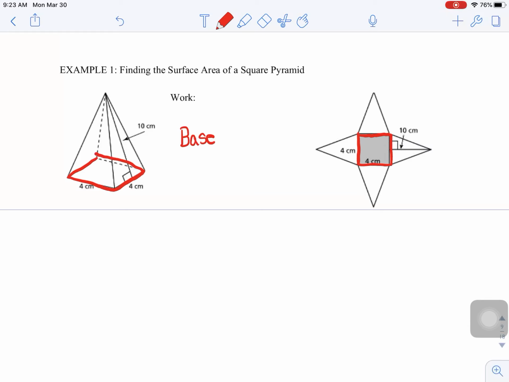If we start with the base, we can see that the base is a square, and it's 4 times 4, which would give us a total of 16 centimeters squared. If we look at my lateral area, those are my triangles.